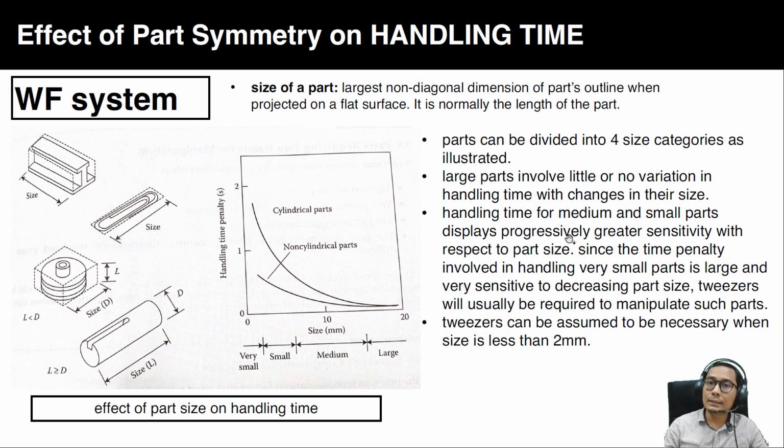Large parts involve little or no variation in handling time with changes in their size, while handling time for medium and small parts displays progressively greater sensitivity with respect to part size. Since the time penalty involved in handling very small parts is large and very sensitive to decreasing part size, tweezers will usually be required to manipulate such parts. Tweezers can be assumed to be necessary when the size of the part is less than 2 millimeters.